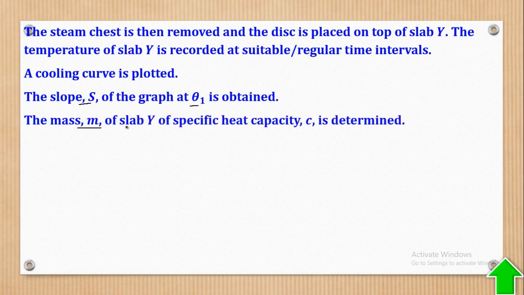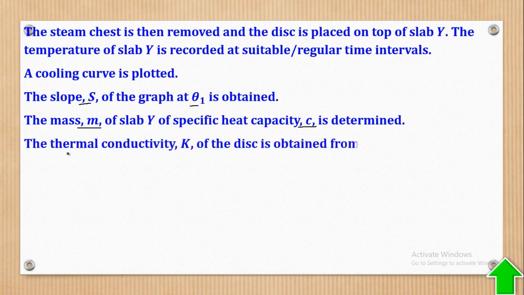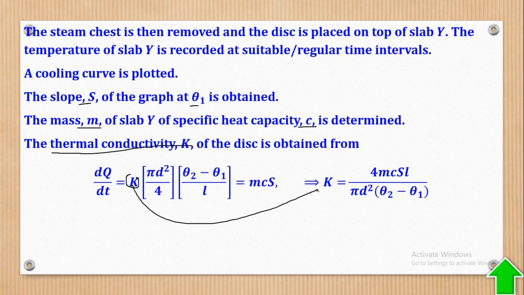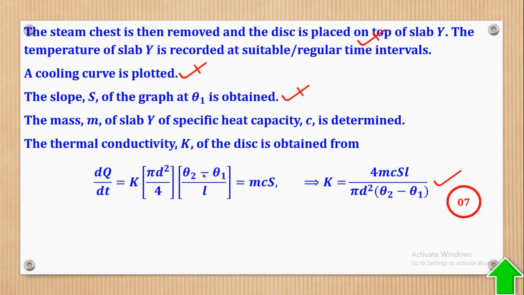The mass M of slab Y and specific heat capacity C is determined, and after that we can now calculate the thermal conductivity of copper using this formula. But remember, they want K, so I'm going to make K the subject, which will give me K is equal to 4 mcS L over pi d squared change in temperature. So that's how marks would be awarded.